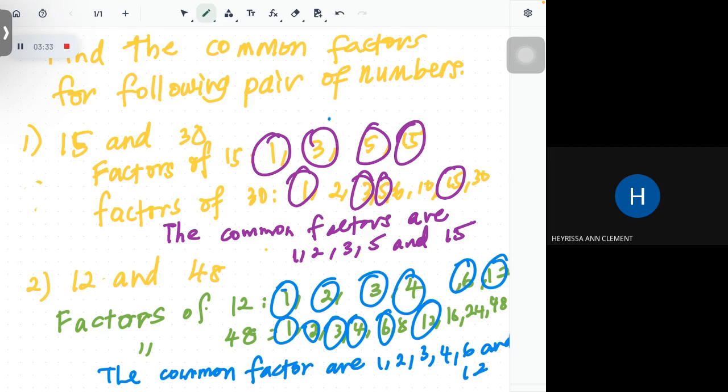Prime factor means prime numbers. So 3 and 5 will be prime factors for this number. And for this number, 2 and 3, and that's all. So 2 and 3 will be the prime factors.